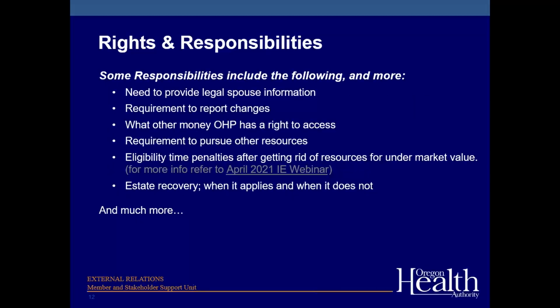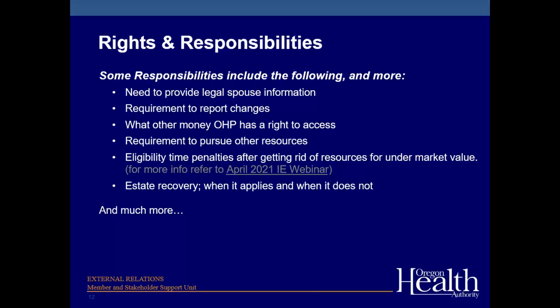There are also a bunch of responsibilities that they are signing to. They are signing that they agree and understand that they need to provide their legal spouse information. They're signing that they understand their requirement to report changes. They are signing that they understand that OHP might have a right to access other money that's available to them.